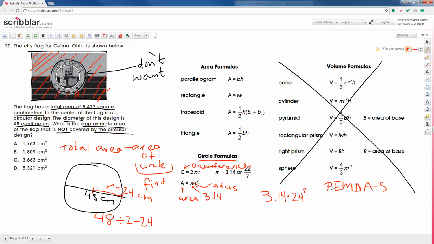When we do math, we always follow this order of operations. So first thing to look for is parentheses, which we don't have any, so we skip that one. Next, we look for exponents. That's what the E stands for, and we do have one, 24 squared. So we're going to actually do that piece first before doing any multiplication.